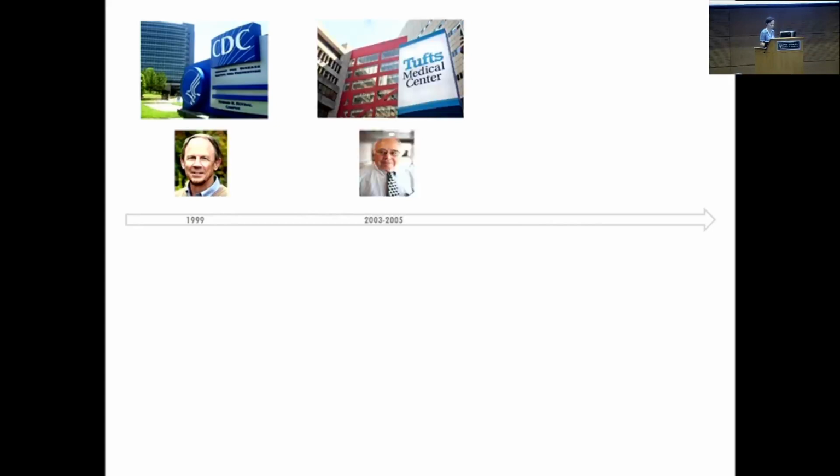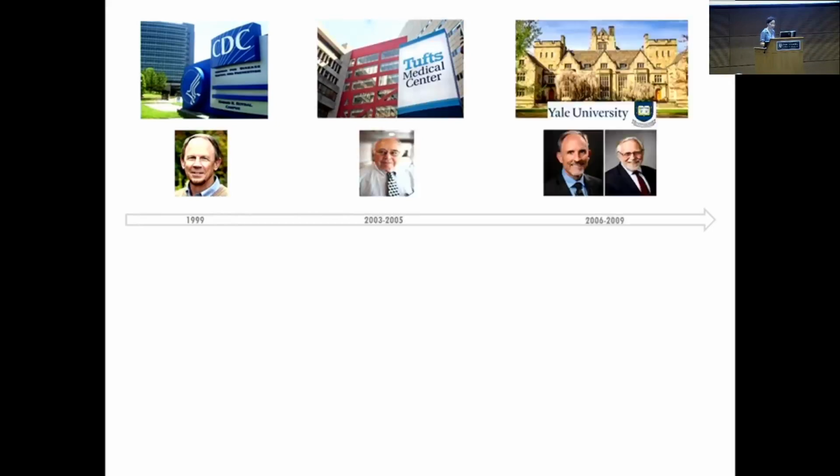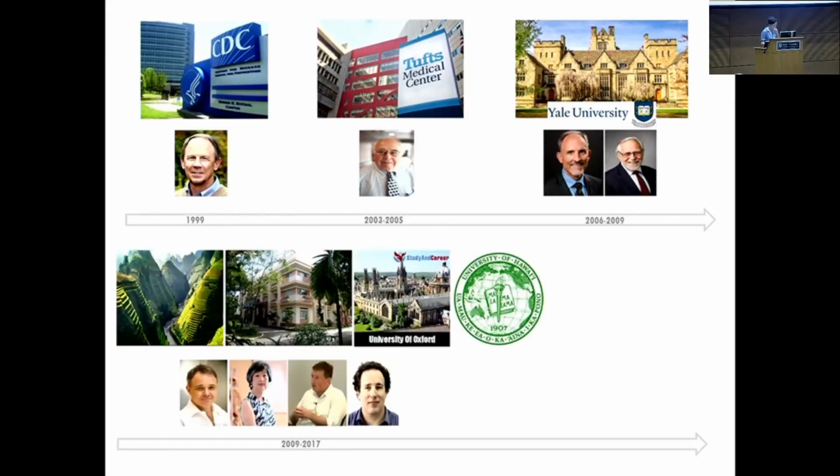And then I did my internal medicine at Tufts in Boston, and infectious disease training at Yale, where I studied with Gerald Freeland and Mike Kozo. Some of you may know them, but this is where I really consolidated my interest in HIV. Then I did a fellowship with the Fogarty International Research Fellowship, but I was based not at the NIH, but in Vietnam, in the Oxford University Clinical Research Unit.